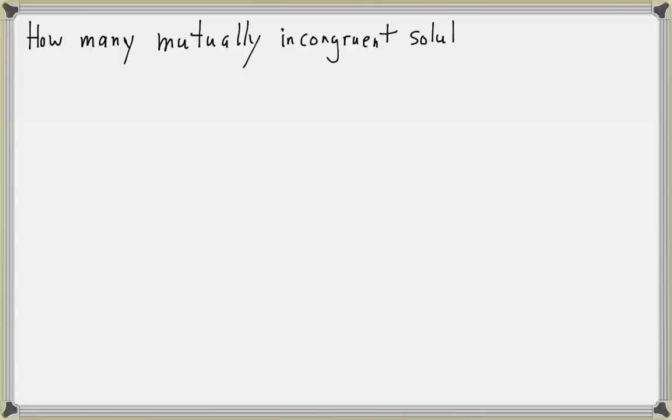How many mutually incongruent solutions of ax congruent to c mod m are there? We're assuming again that d divides c.